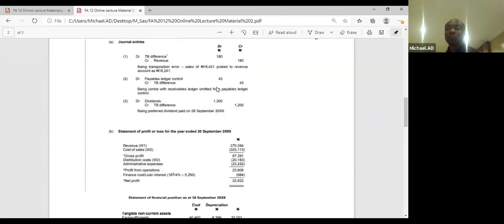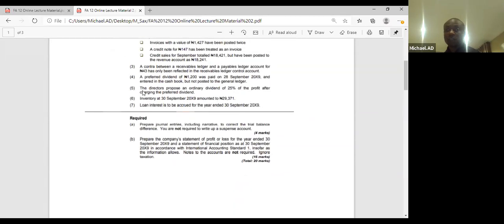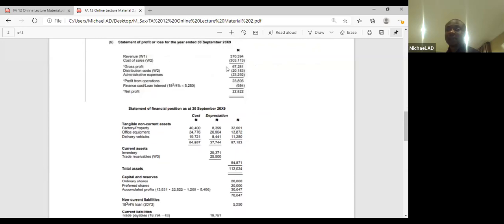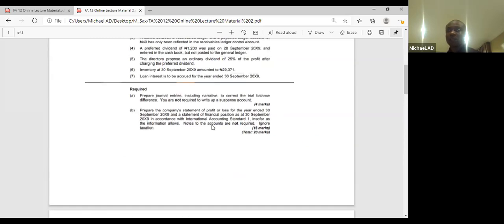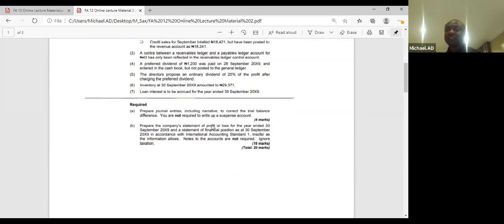For example, your closing inventory. If you look at it, inventory as at this, it was treated here in part of our cost of sales, and it was also treated here. So likewise, every additional information should be treated twice.